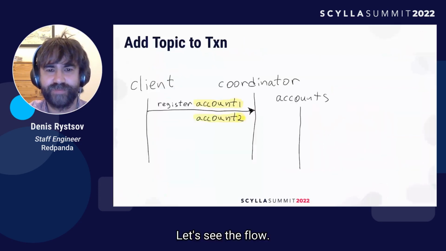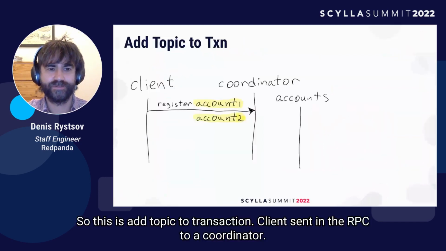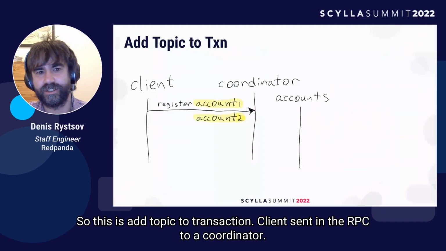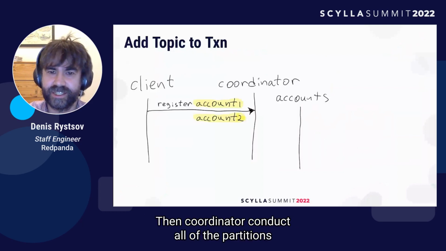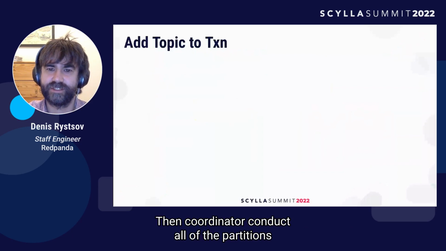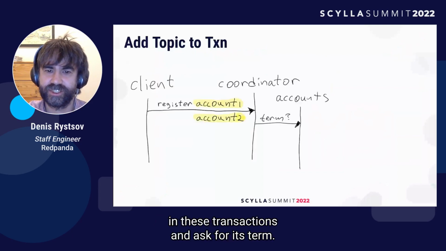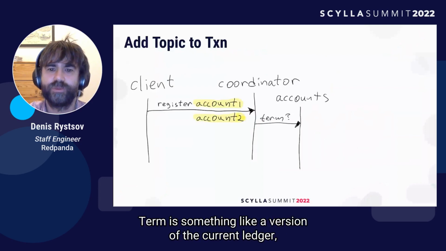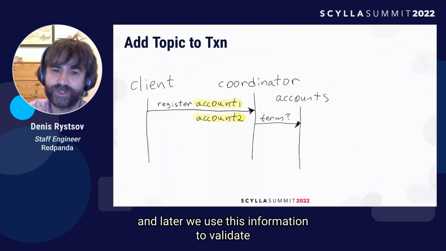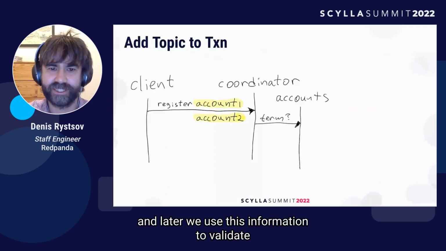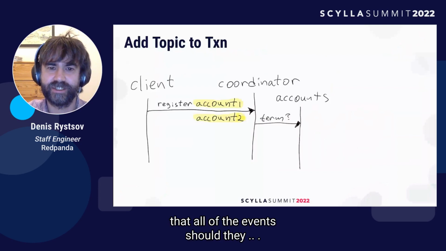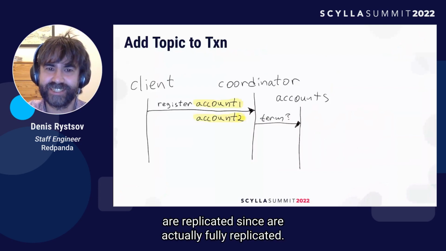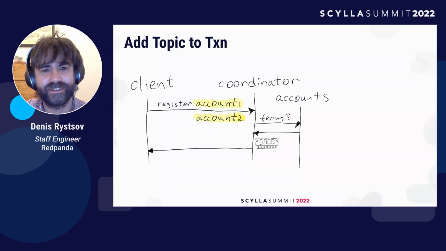Let's look at the flow. So this is add topic to a transaction. Client sends an RPC to a coordinator. Then the coordinator contacts all of the partitions in this transaction and asks for its term. Term is something like a version of the current leader, and later we use this information to validate that all of the eventually replicated sends are actually fully replicated.